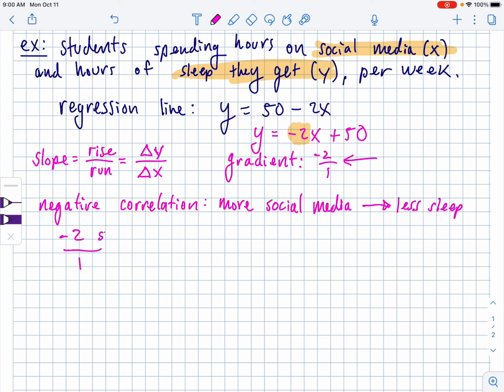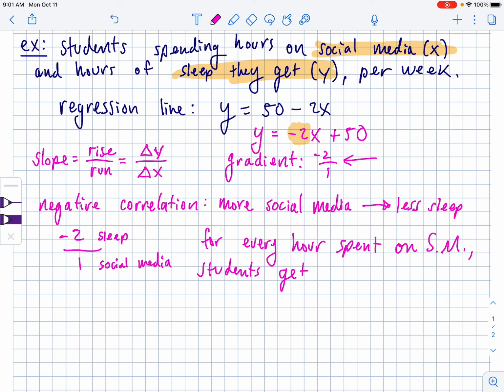Now the negative 2 over 1, remember that the top is the y and the bottom is the x. So this is negative 2 sleep for 1 social media. So my interpretation of that is that for every hour spent on social media, students get 2 hours less sleep per week.